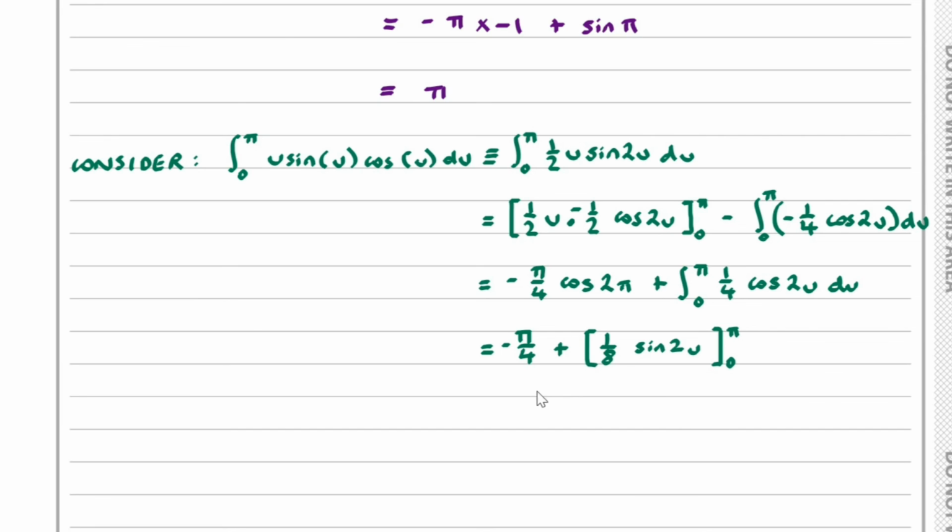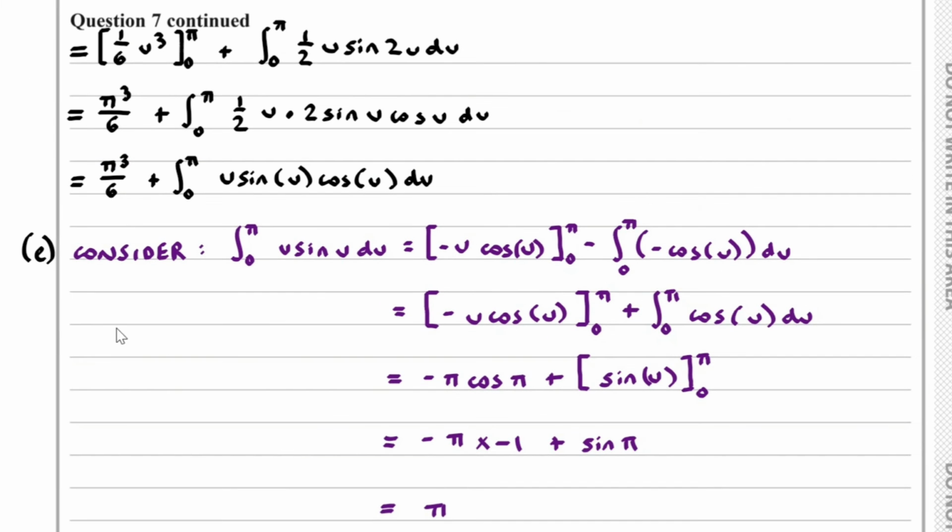So if I substitute in for my limits, I'm going to have minus pi over 4 plus 1/8 sine 2 pi. Now sine of 2 pi is just 0. So I'm going to be left with minus pi over 4. Okay.